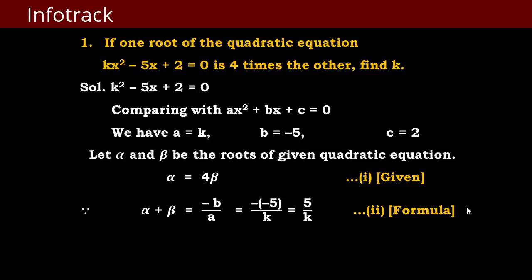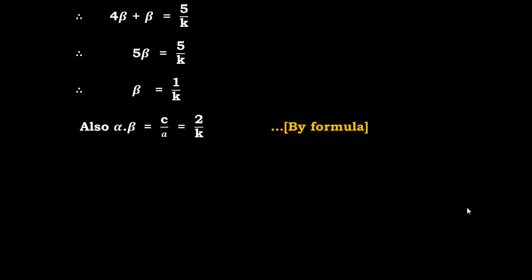Now we can substitute the value of alpha. See, in equation number 1, we have alpha 4 beta plus beta, that is equal to 5 upon k. 4 beta plus beta is equal to 5 beta is equal to 5 upon k. Now we can write this as beta is equal to 1 upon k. 5 gets cancelled.